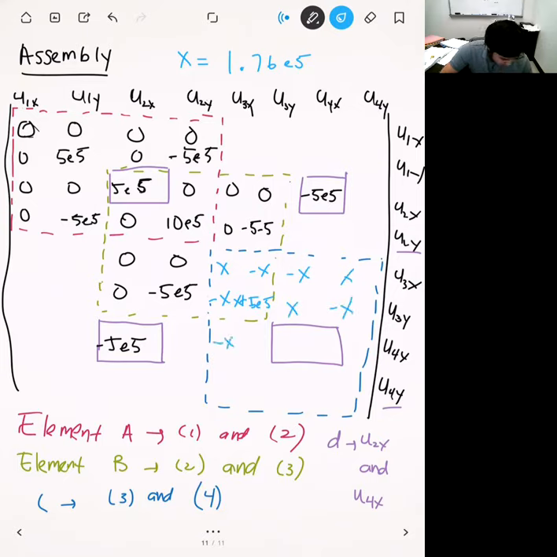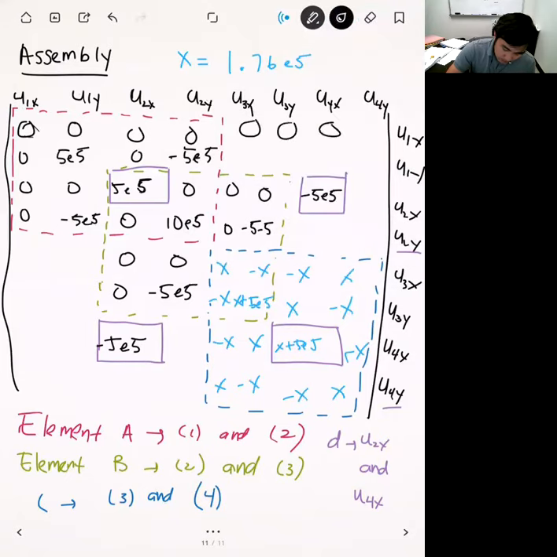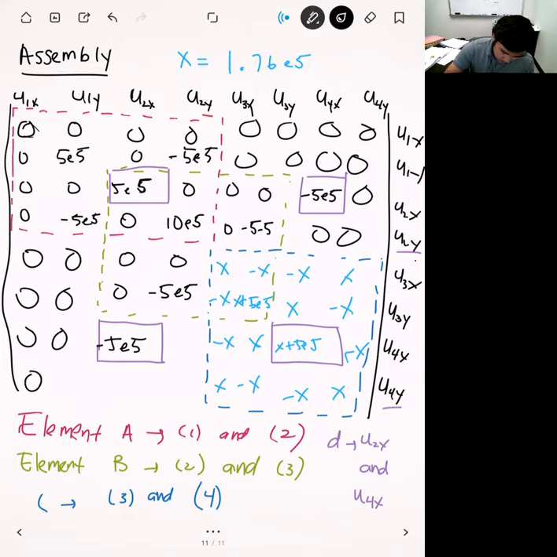We have minus x, x, x, minus x. x plus 5E5, okay, minus x, x, okay, and then everything else is zeros. Okay. All right, and so that's how we assemble.